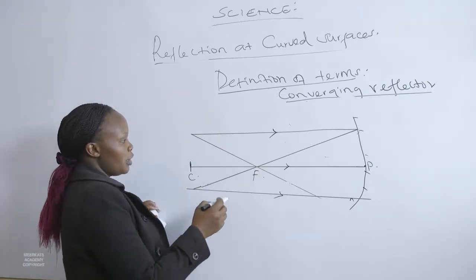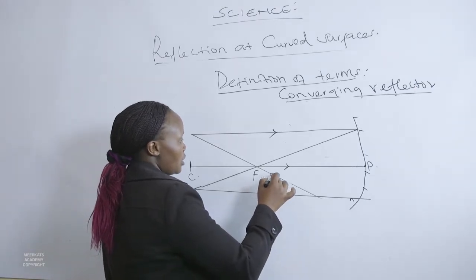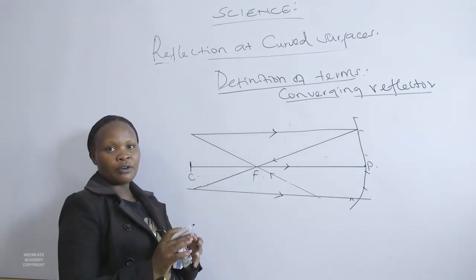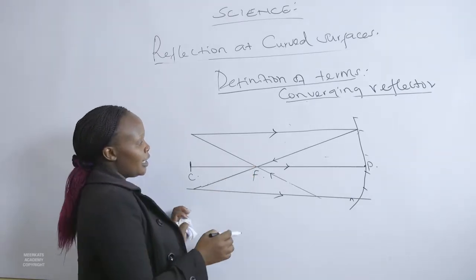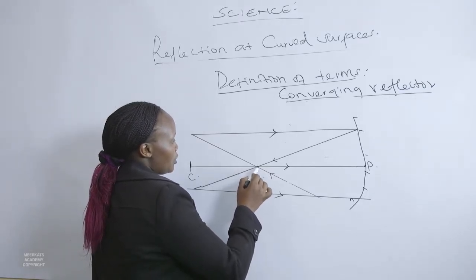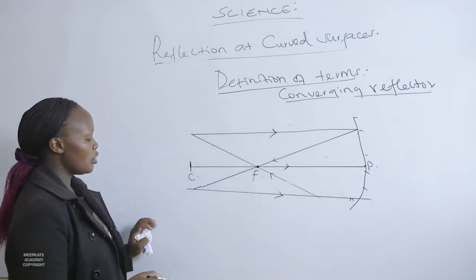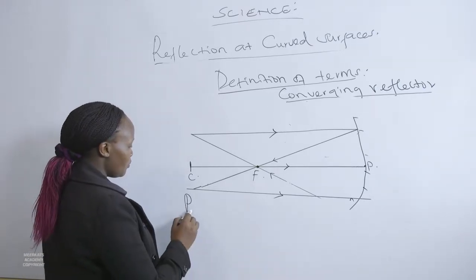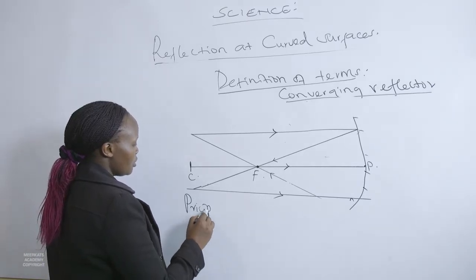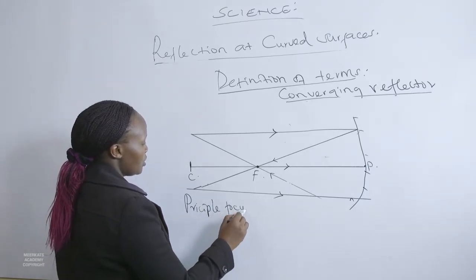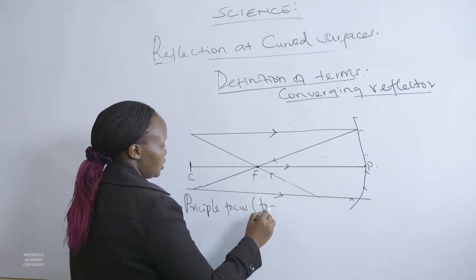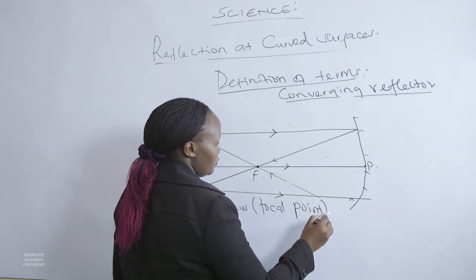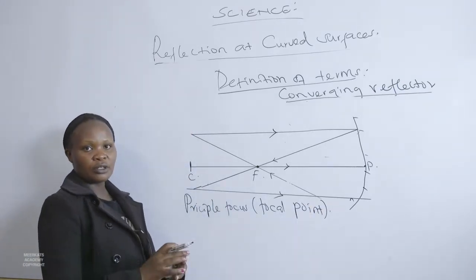They are going to be reflected in such a way that they are going to meet at some point before they diverge again. Now, this particular point here, which we are calling F, we are going to call it the principal focus, or the focal point.